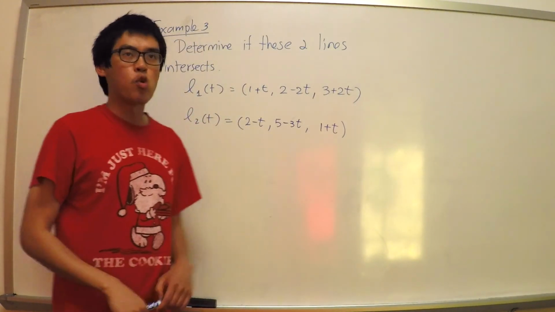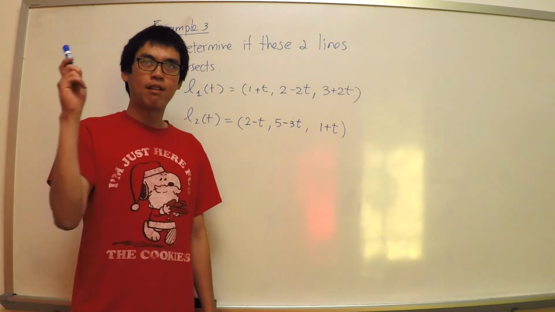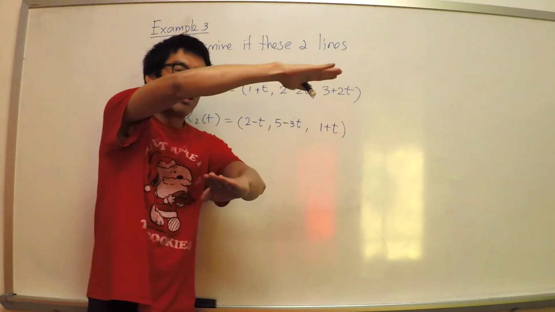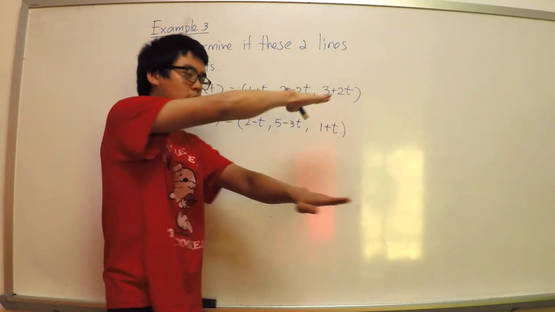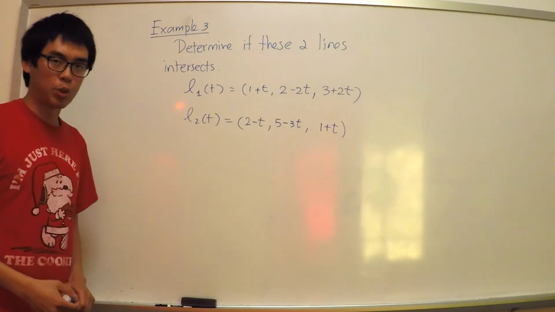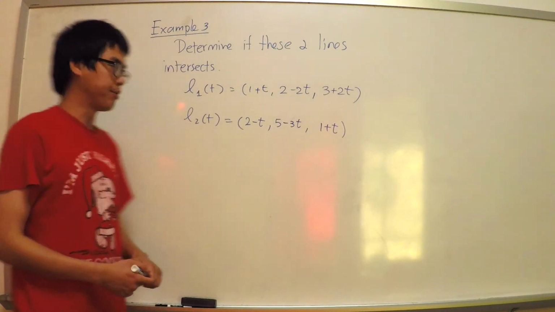In three dimensions, you have much more freedom, meaning you can have two lines that are not parallel to each other, but never intersect. So it's a common question to ask whether or not two lines intersect in three dimensions.